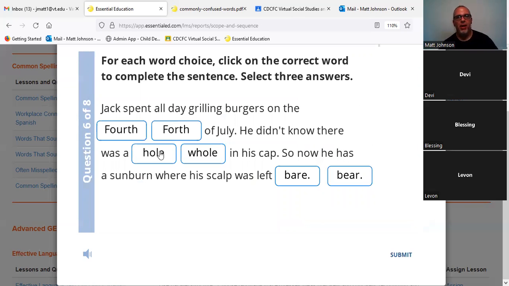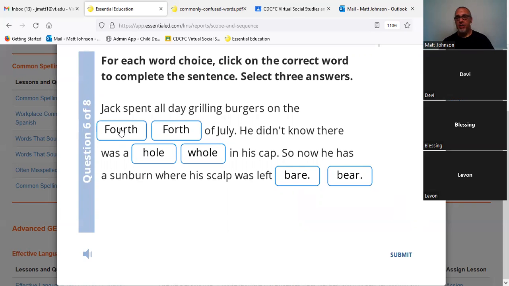Okay. Jack spent all day grilling burgers on the 4th of July. He didn't know there was a hole in his cap. So now he has a sunburn where his scalp was left bare. So 4th, right? We're dealing with a number. So FOURTH. If it's dealing with a number outside of 40, right? The number 40 is FORTY.